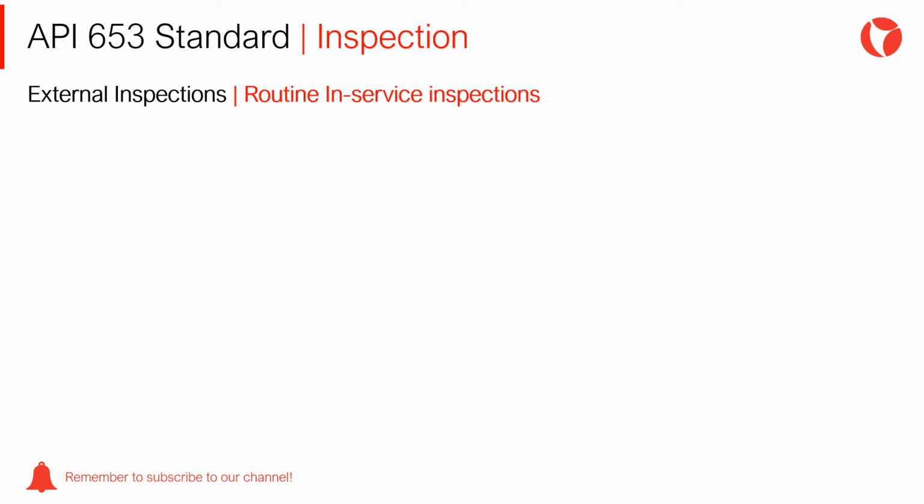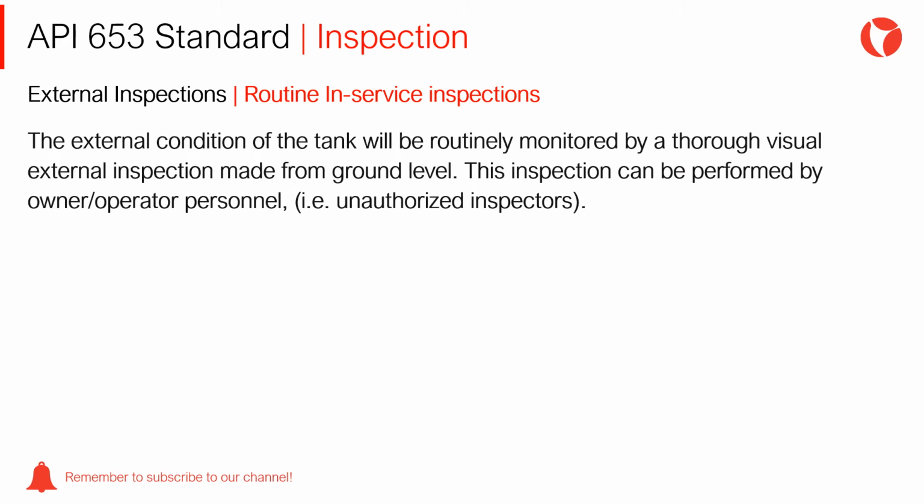Let's talk about external inspections. Routine in-service inspections. The external condition of the tank will be routinely monitored by a thorough visual external inspection made from ground level. This inspection can be performed by owner-operator personnel, in other words, unauthorized inspectors.